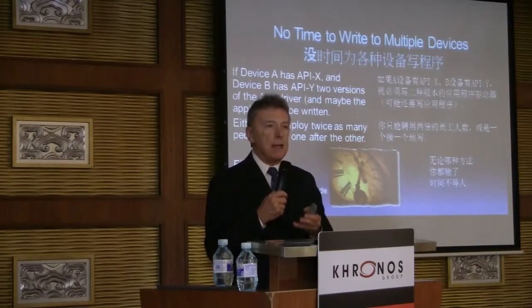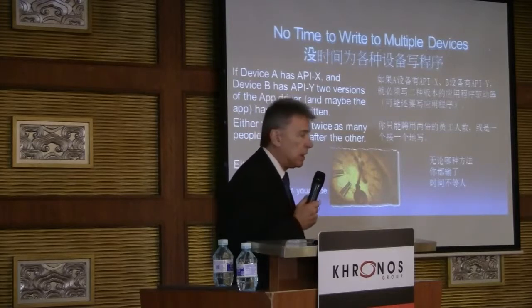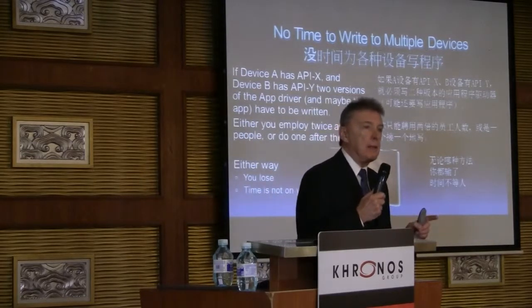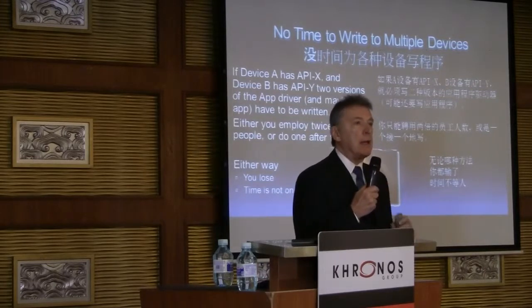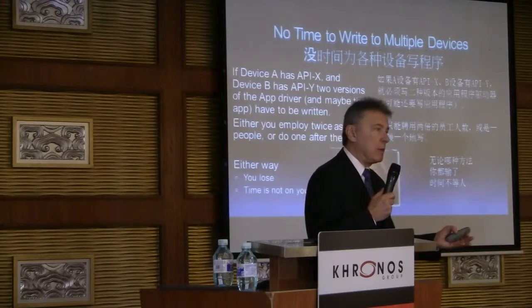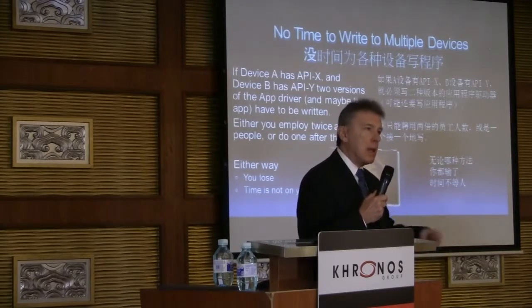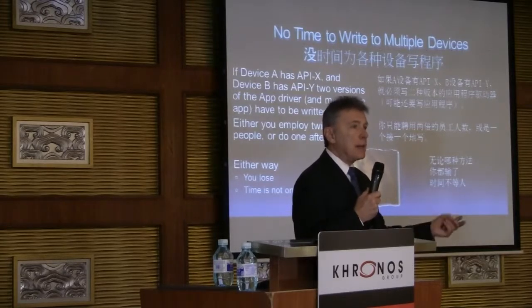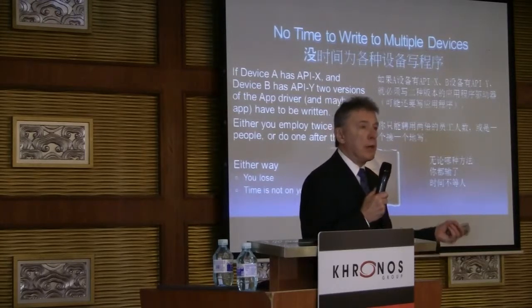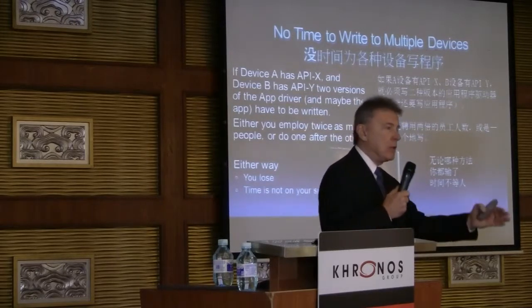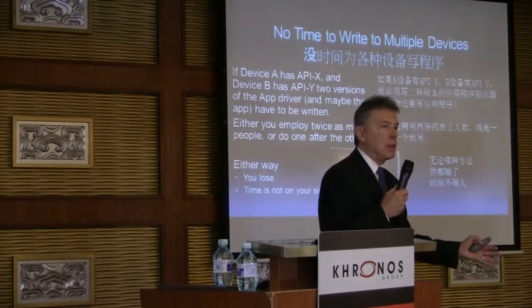If you were an application developer and you wanted to write an application for one phone, you could do that, and it would be wonderful, and then you would try to get your application on another phone. But the clock was still running, and time was moving on, and by the time you got to the other phone, it was probably already obsolete. So you're always playing catch-up, moving from phone to phone to phone with your application.